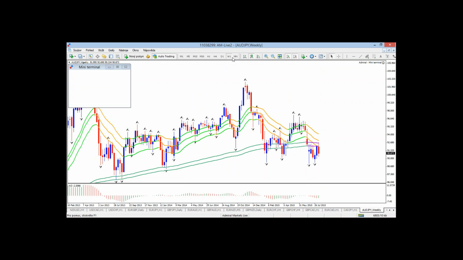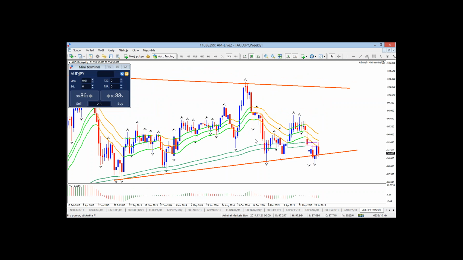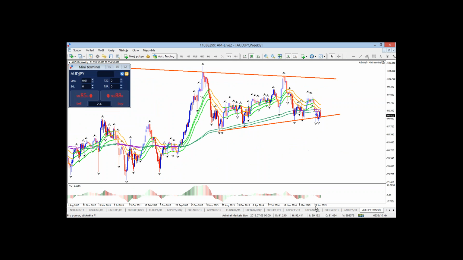Weekly chart. Well, why not start with the monthly chart? What's going on here? Monthly chart: support level, fighting its way back to moving averages. Weekly chart, about to make a crossover.